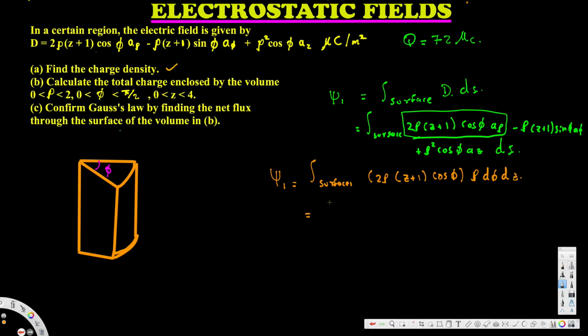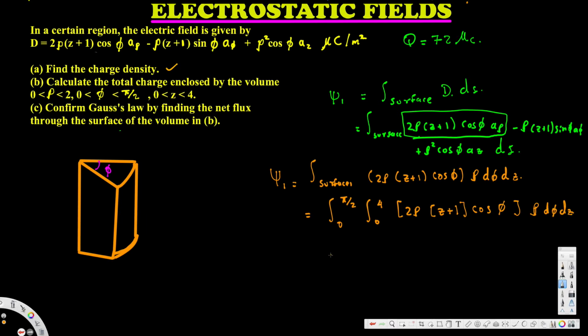Okay, now here the regions are given already, 0 to 5 by 2, and then 0 to 4. When we have only rho components, when we do the integration, we eliminate the rho limits of integration and we integrate with respect to phi and z. Okay, so here we are going to have 2 rho times (z plus 1) cos phi, and then rho d phi dz.